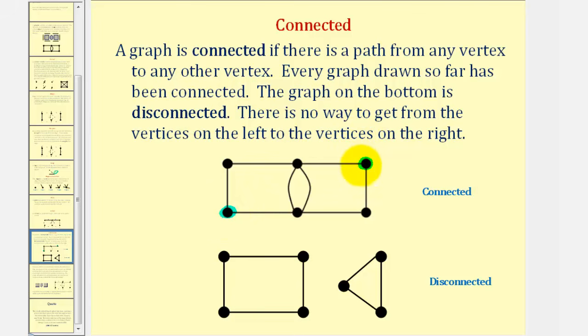One possible path would just be like this. But the graph on the bottom here is disconnected because there's no way to get from the vertices on the left to the vertices on the right, meaning there's no path from, let's say, this vertex to this vertex because this graph is disconnected.